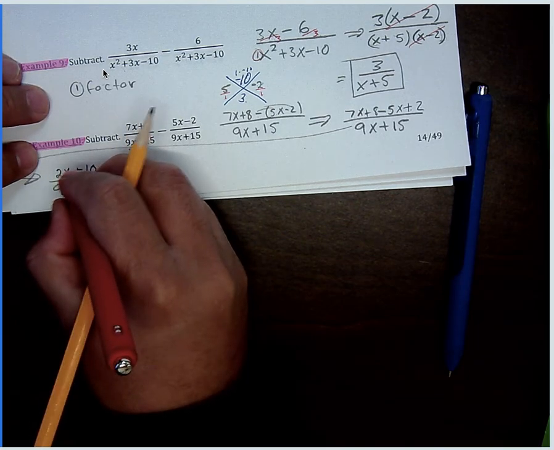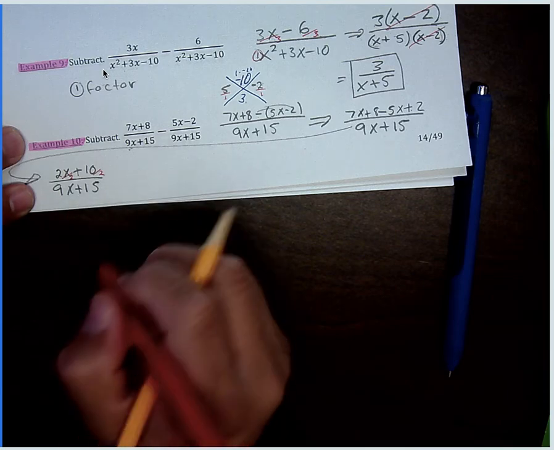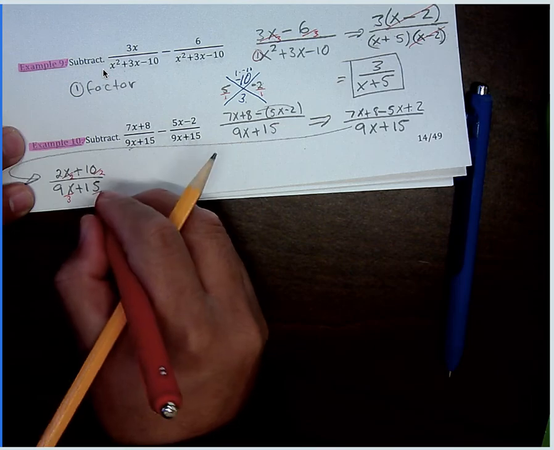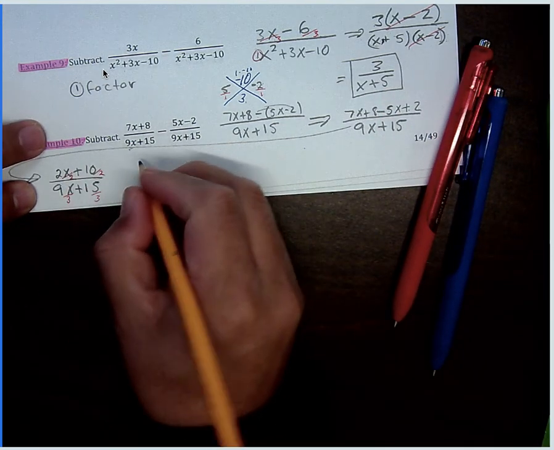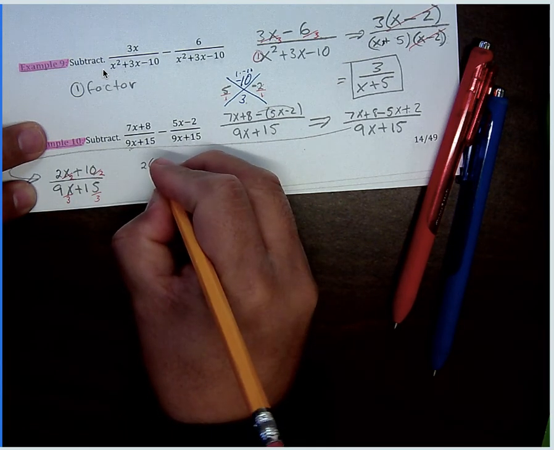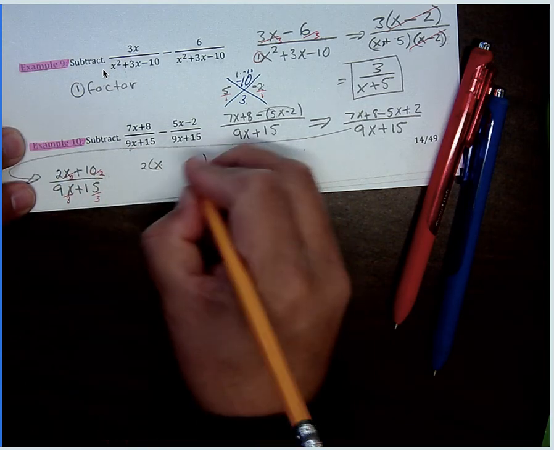You can GCF a 2 here, and we can GCF a 3 here. So I don't think it's gonna help us much. So let me see. So that would be an x, right? 2 over 2, and then you have that x. And that would be a 5.